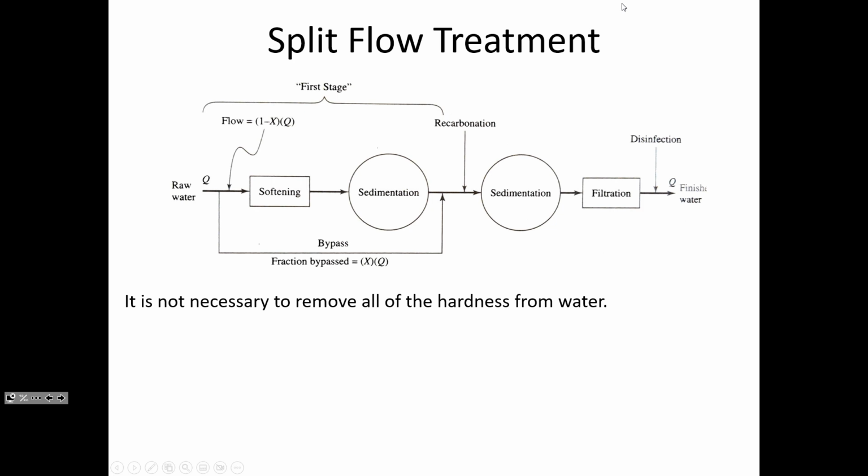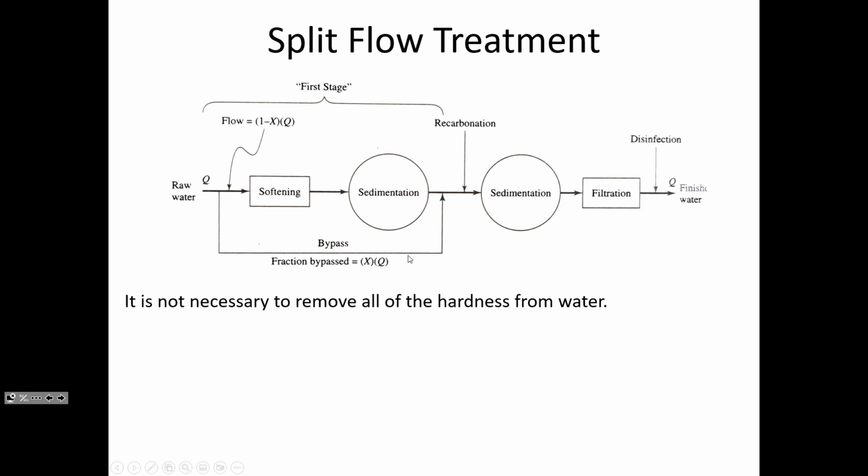And so what they'll do to economize is they'll have only a portion of the flow that they soften, and they'll bypass some of it, and then they'll mix together the softened water that has a 0 hardness with the original hardness water, and they'll blend it until they get somewhere in the middle, some target hardness that people are happy to have, and then it just means that you didn't have to use lime on all of the flow that's coming through. You just use this blended approach to get to the hardness that people will live with.